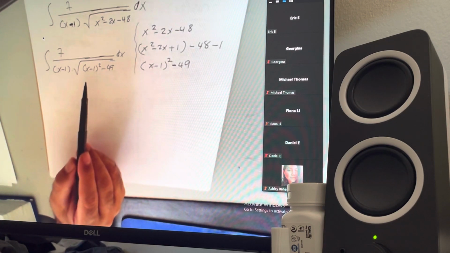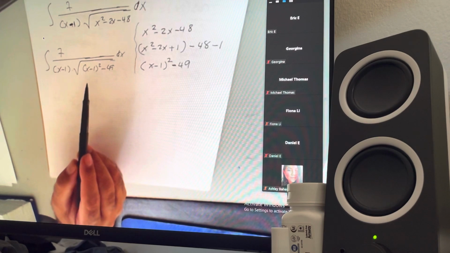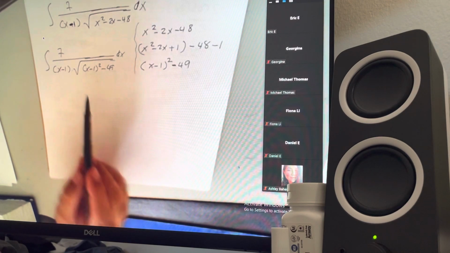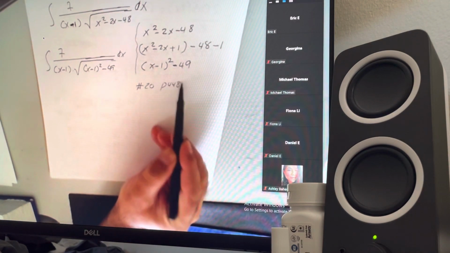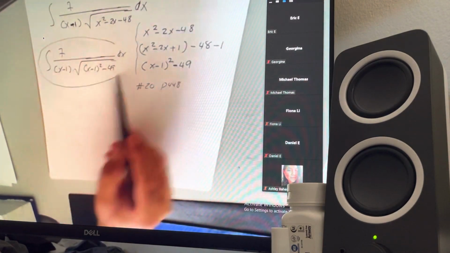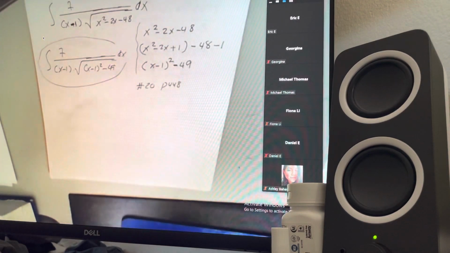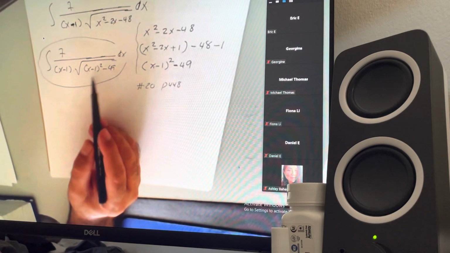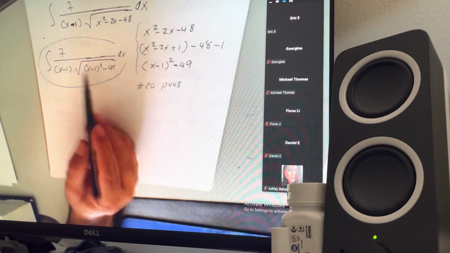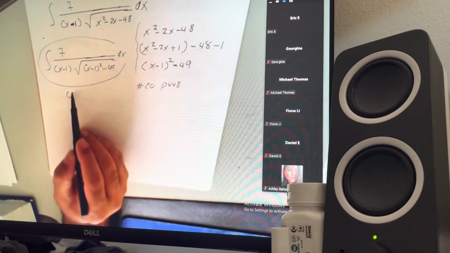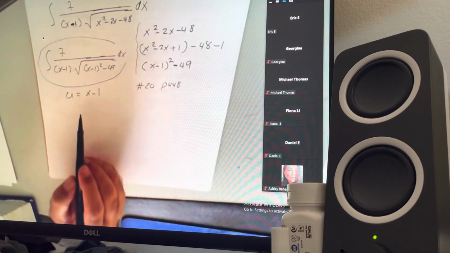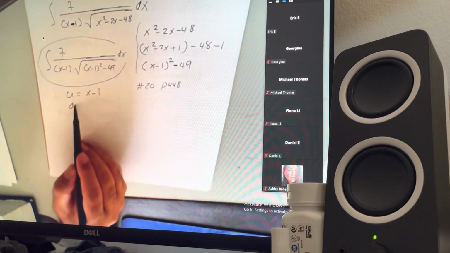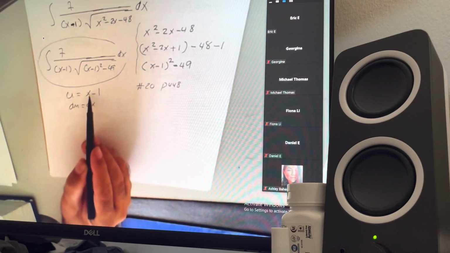It is number 20 of your formulas on page 448. So I'm going to pull that 7 outside. First of all, we can use a u substitution, which will be a lot easier before we make it complicated. So u will be x minus 1, and du is just equal to dx.